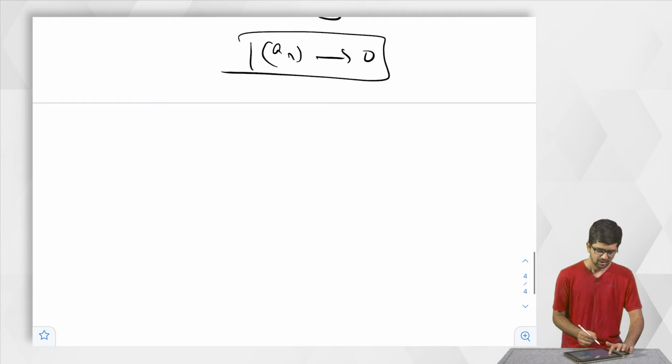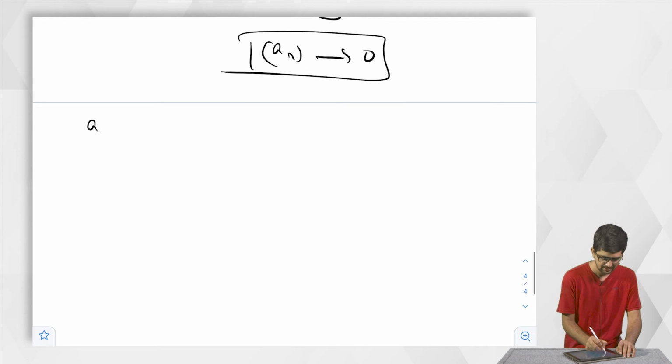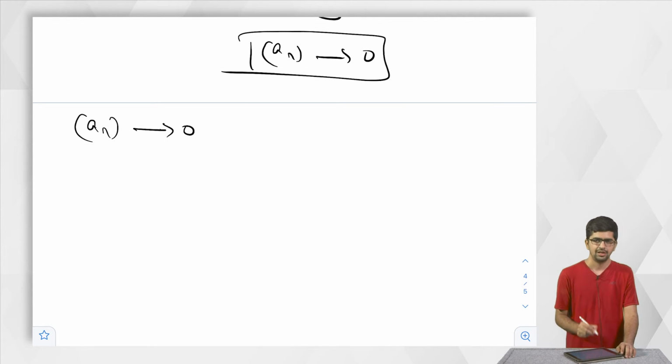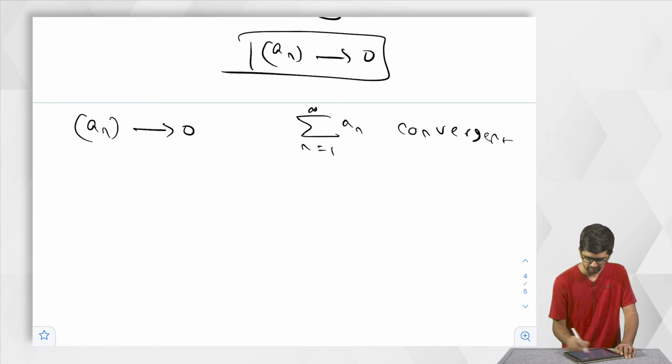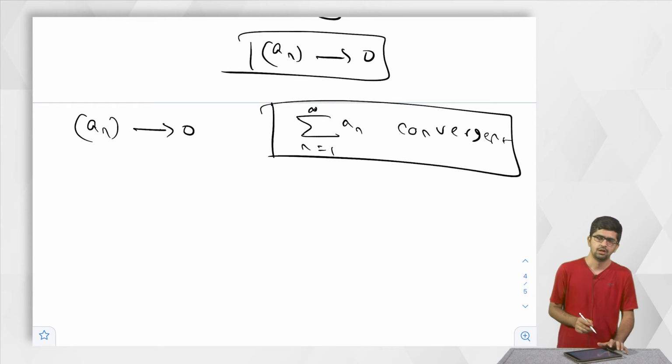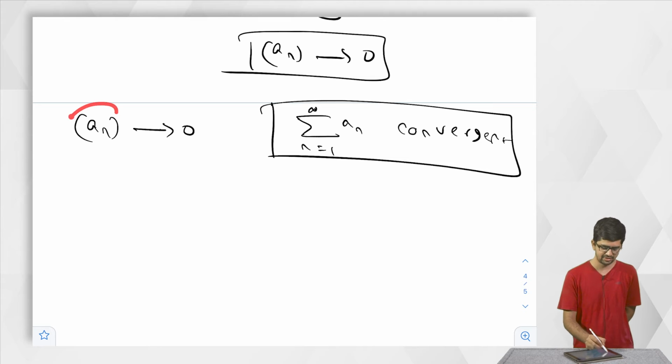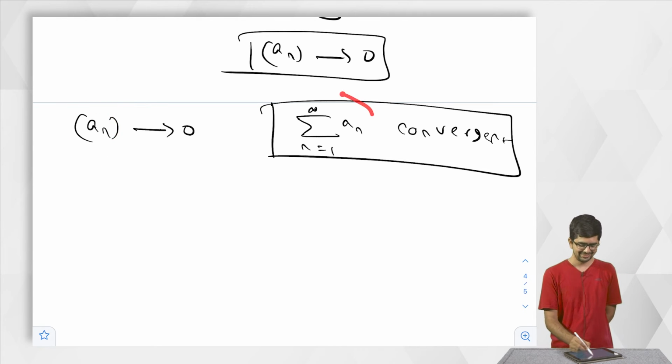Now one can ask: suppose I have a sequence a_n that goes to 0, do I know if the series, the sum from n equal to 1 to infinity, is convergent or not? We are looking for a condition on this sequence a_n such that the series is convergent.